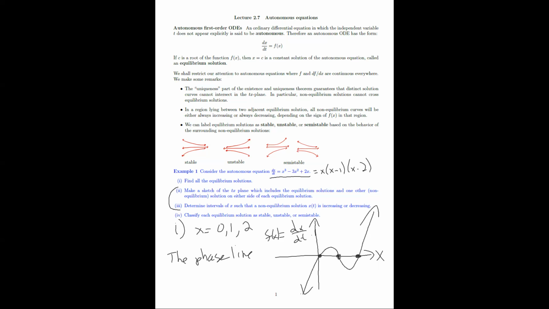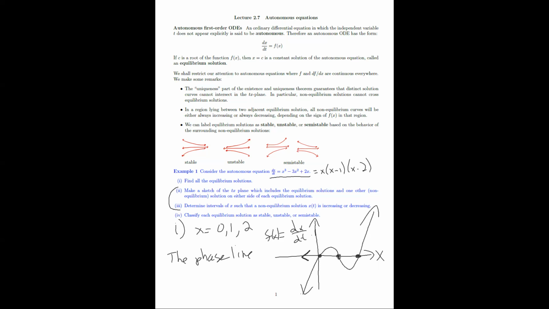Now, what do we do? I want to draw arrows on this x-axis that tell us what our function should be doing. Well, our derivative is negative, so our function should be decreasing. In other words, x should be decreasing, right? Remember, we have the function x of t, so our function is actually x here.